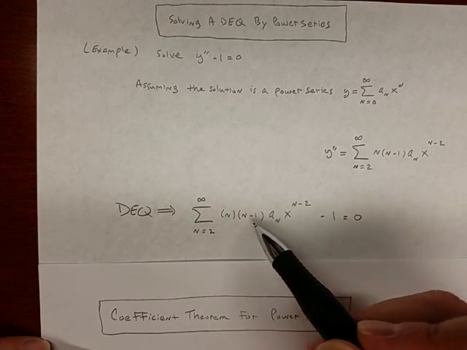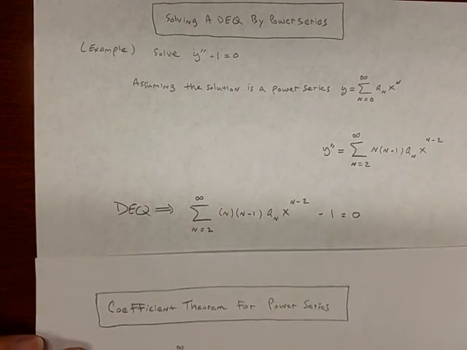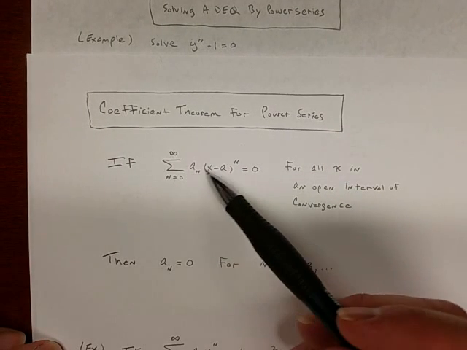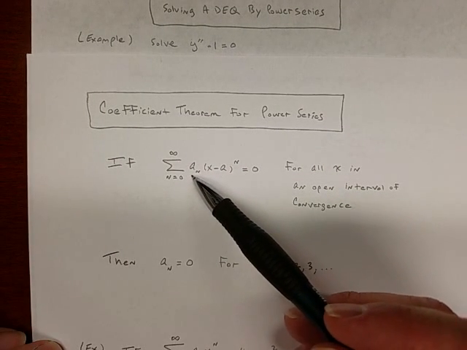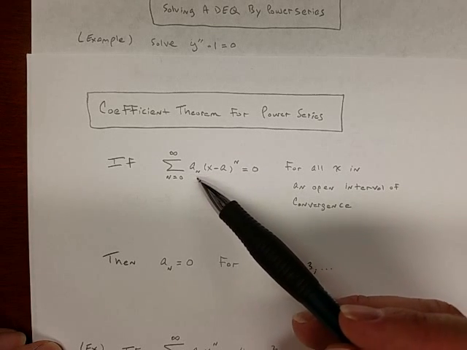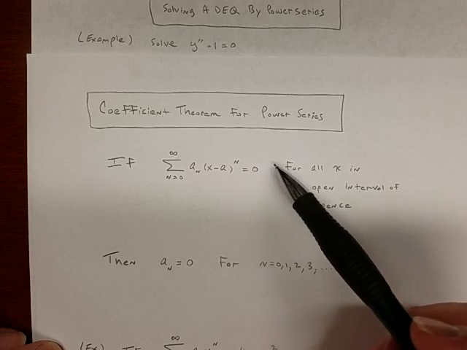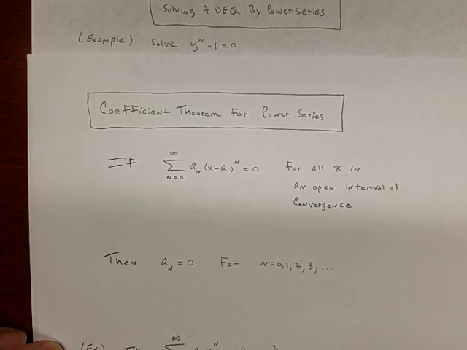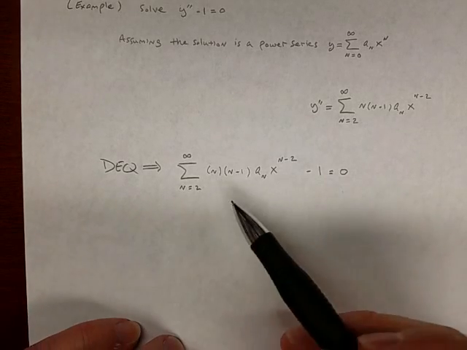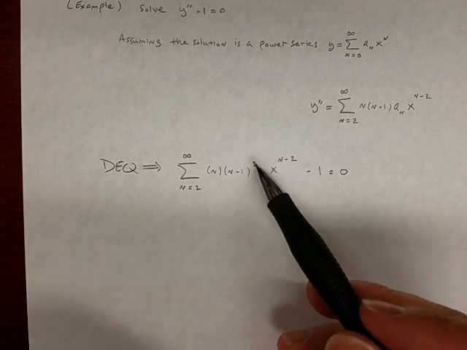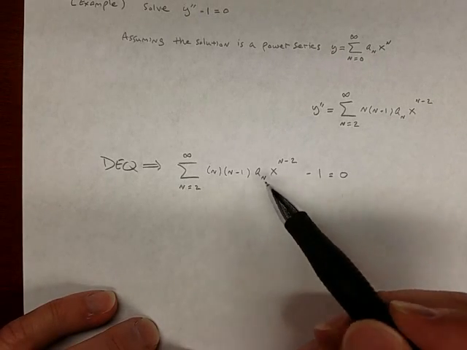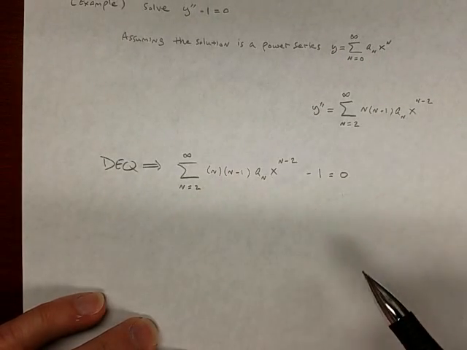So if there's only some way to find the coefficients, well, we've got what I called the coefficient theorem for power series. We have a power series starting with a constant term, then a coefficient times x, a coefficient times x squared, and so on. If that's 0, then every coefficient is 0. So I aim to say something about the coefficients. I can't do that here. This is not a power series with all terms arranged in order.